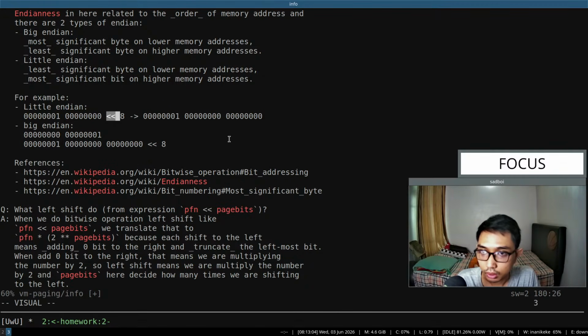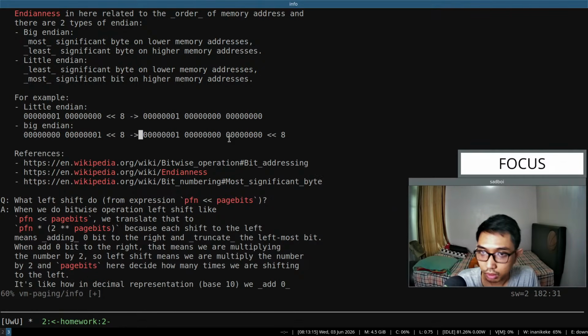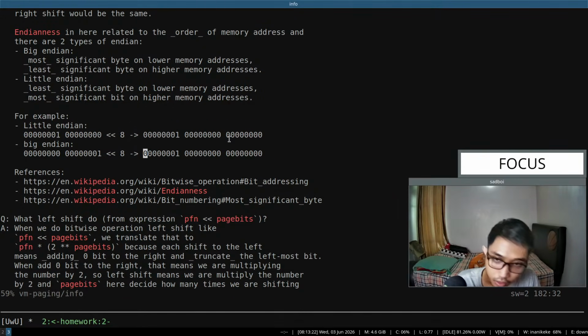When we left shift by 8, we got this one, and maybe also something like this. I'm not sure if this is correct.